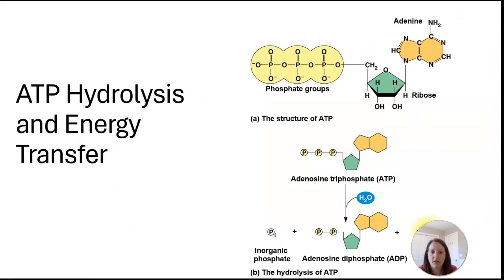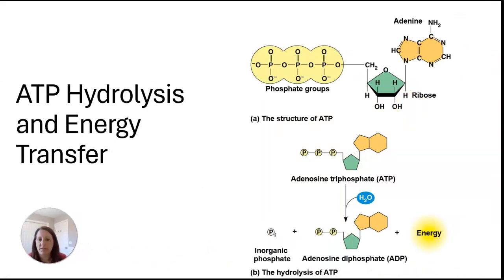Okay, so shown here is the transfer of that last phosphate. And so this is going to require water. It's a hydrolysis reaction. So here is ATP, right? So adenine, ribose make up adenosine, and then phosphate group 1, 2, and 3. Okay, here it is in more simple skeleton form. So again, adenine, ribose, 3 phosphate groups.